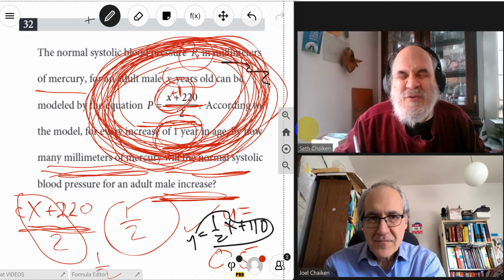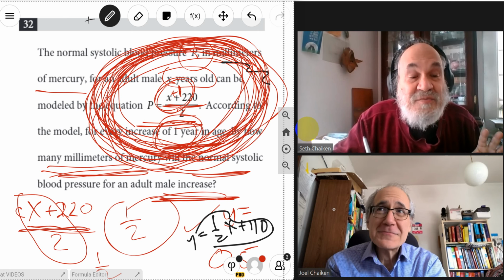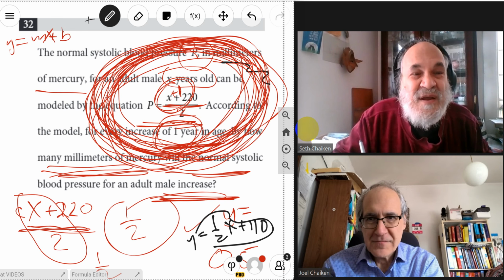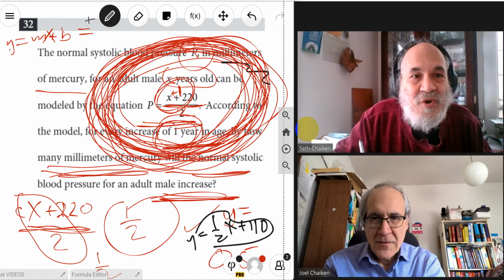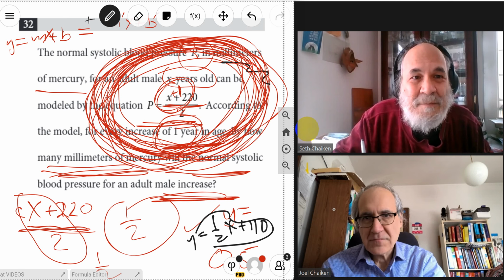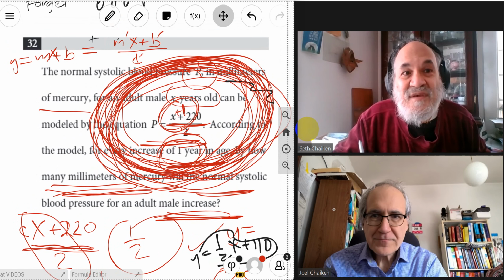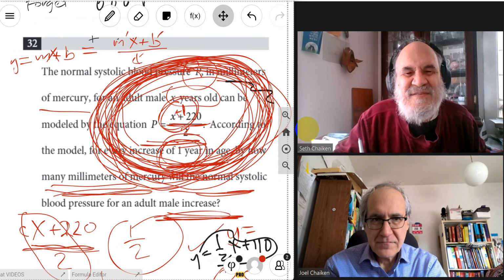So we'll say y equals mx plus b. In my experience, y equals mx plus b is equally recognizable to y equals m prime x plus b prime divided by d prime. I see these as exactly the same form.